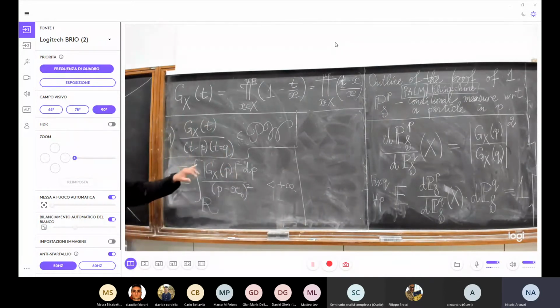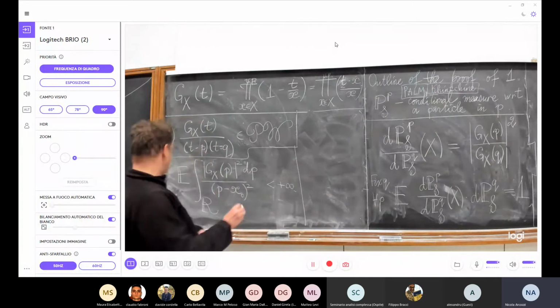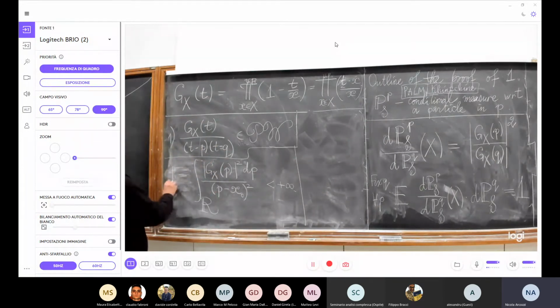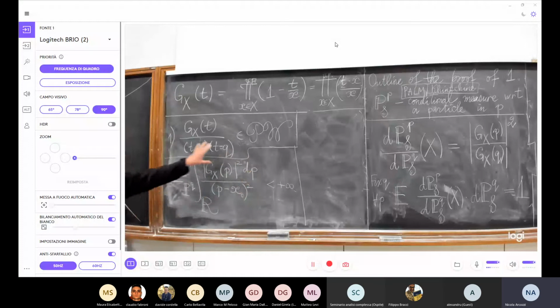Because the expectation of this one is 1, so Q is fixed. This expectation with respect to PQ is finite. So here Q is fixed, P is variable, and this quantity is precisely the L2 norm of this quantity.